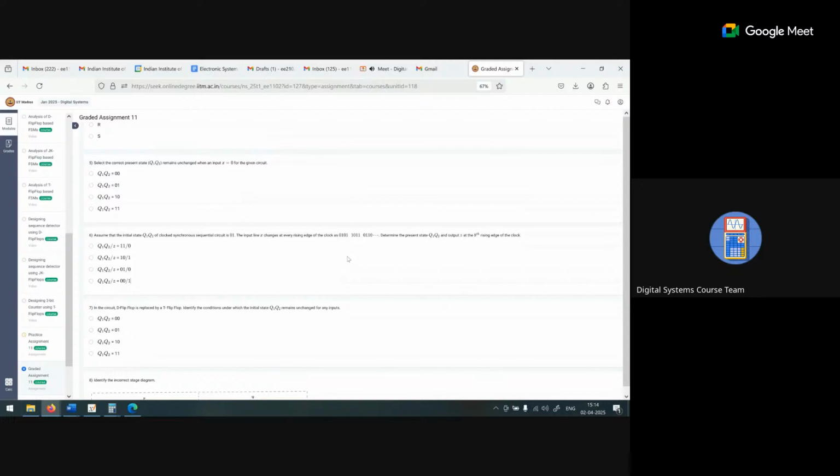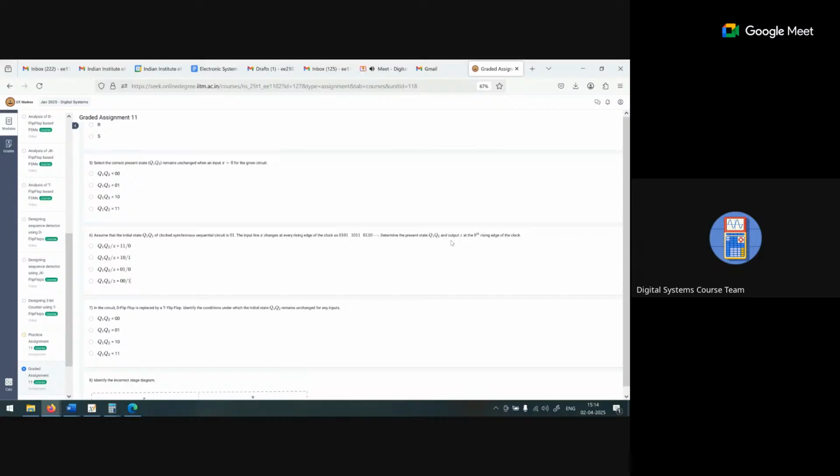X will be 0, then 1, then 0, then 1. Now you have to identify the output Q1 and Q2 after the 8th clock pulse. That means you have to simulate this for every clock pulse and calculate the value of Q1 and Q2.